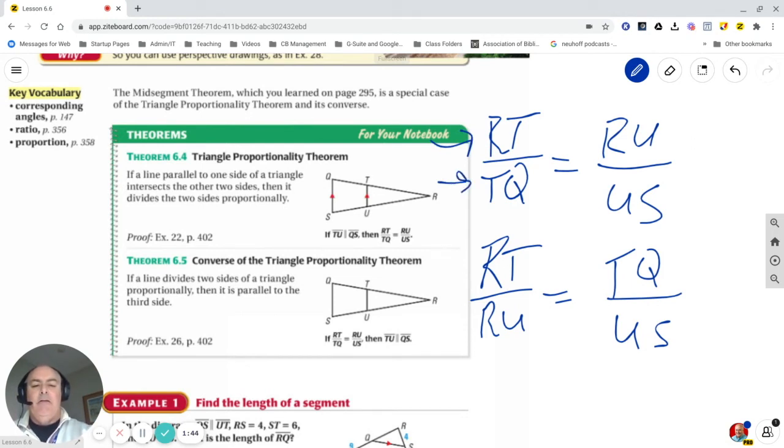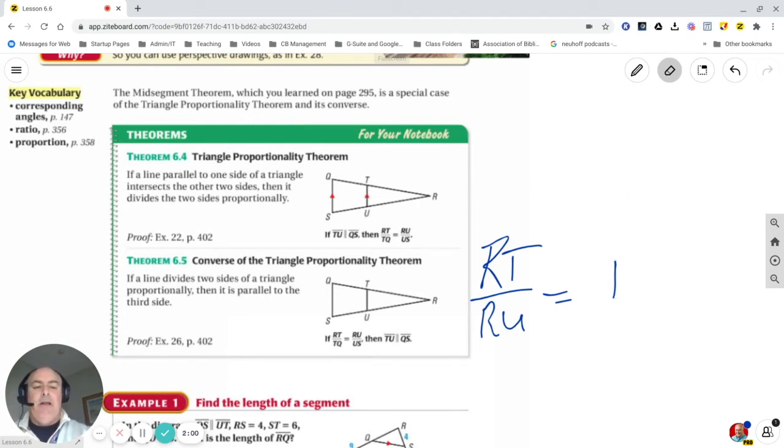So that, for instance, in this bottom part, I'm doing the top segment over the bottom and the top segment over the bottom. Both of these are going to be in the numerator. So that consistency is critical, regardless of whether or not I am working down the triangle or across.